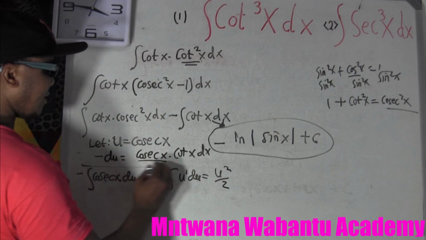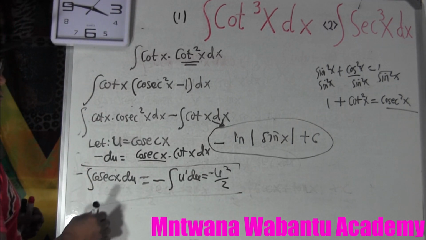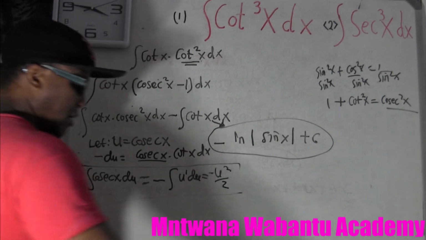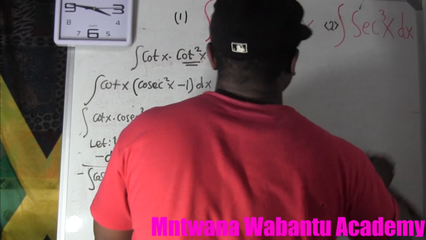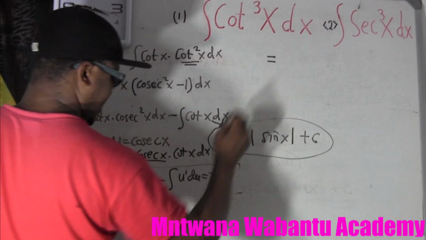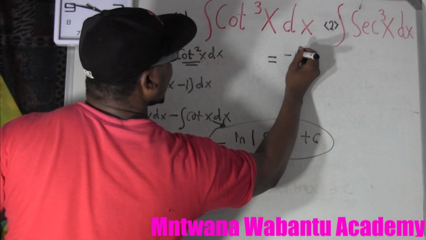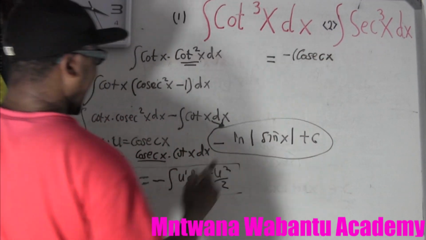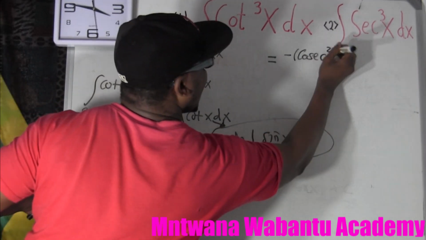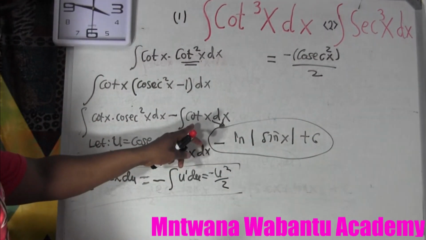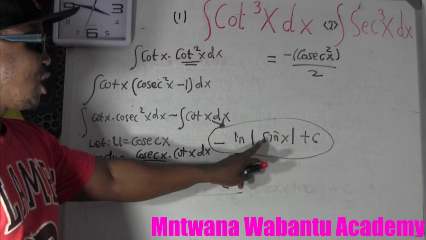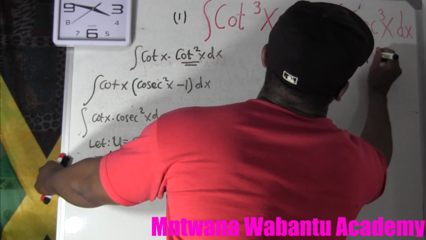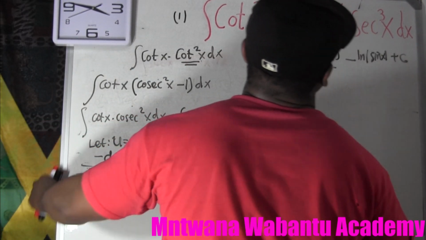So all this stuff here equals u squared over 2, but there's a negative, you see? And what is u? We know u equal to cosec x. So it's going to be negative cosec squared x over 2, and then we still have, when you integrate cot, you get negative ln sine x plus c, okay, minus ln sine x plus c.